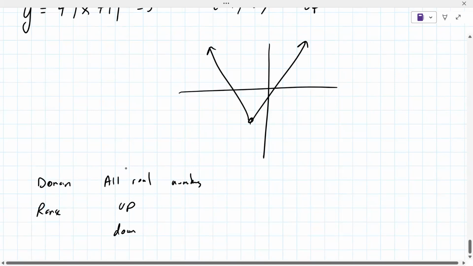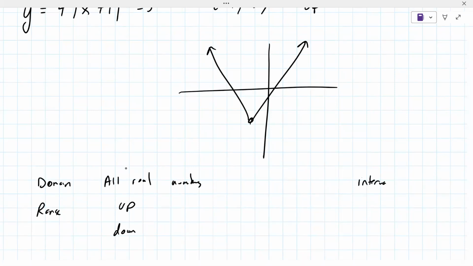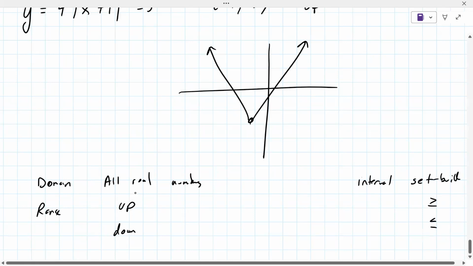Now, do you know if you guys are using interval or set builder notation? None of those sound familiar. Okay, so set builder would be like greater than or equal to, less than or equal to. Oh, yeah, set builder. All right, so if it opens up, and I'm just going to keep this really simple, this is not mathematically correct, it's y greater than or equal to the y value of the vertex.